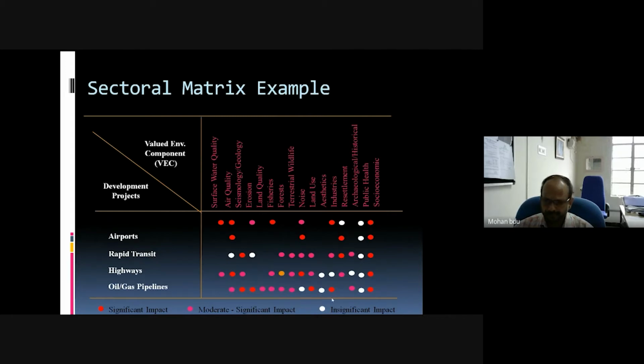And here we decide based on three indicators, whether it is significant impact, moderate impact or insignificant impact.